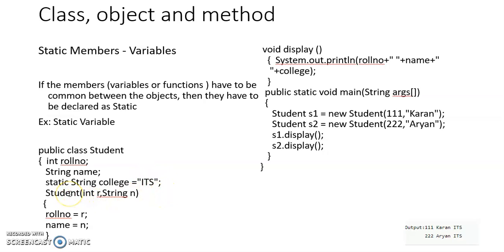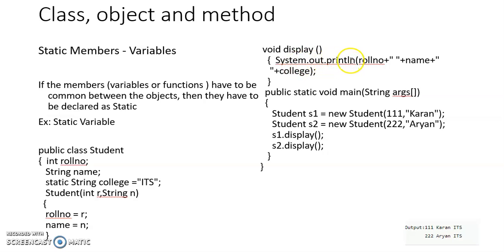And you have a constructor over here, Student(int r, String n). I think this r corresponds to roll number, and this n corresponds to the name, and you'll be passing these as arguments, and then r will be passed to roll number and n will be passed to the name, and you will be displaying this. You have a display function over there.